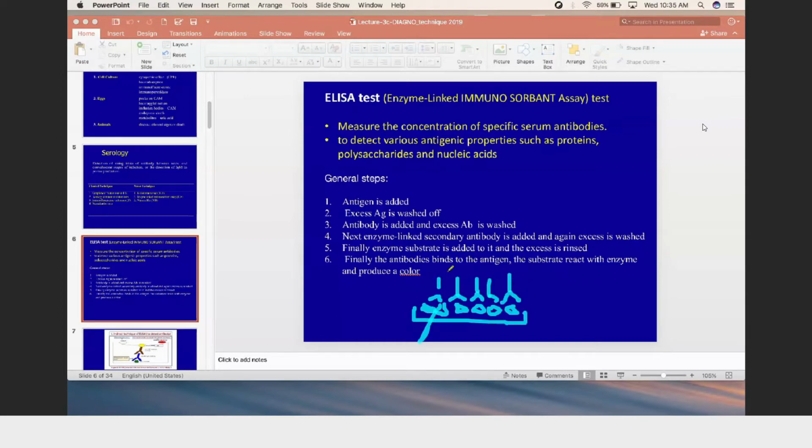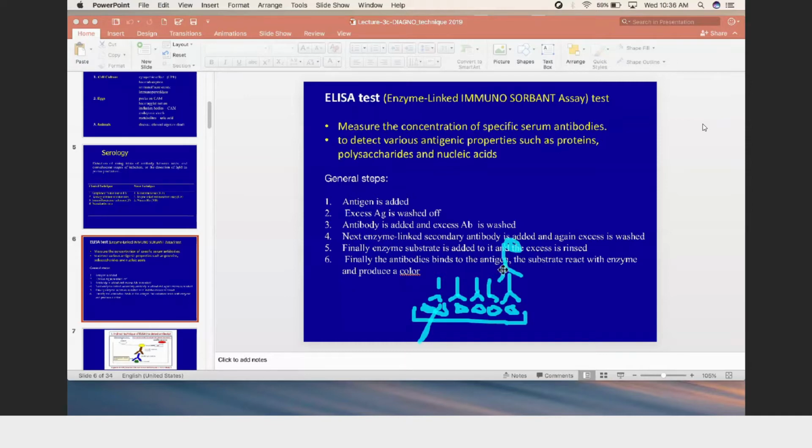Then after that, whatever excess antibody there is, you throw away again, because if you leave it there, it can cause cross-reactivity. Then you add another antibody, anti this antibody, anti the first antibody. The first antibody is the test antibody inside the serum. This one is the anti-equine antibody. It's already linked with an enzyme here.